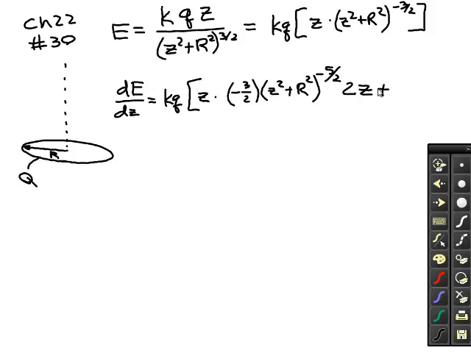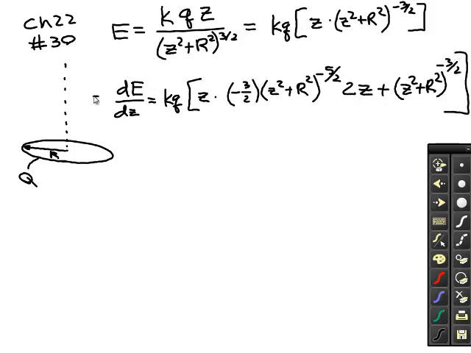There we go. So it is first times the derivative of the second plus the second times the derivative of the first. So the second is Z squared plus R squared to the negative 3/2. And what's the derivative of Z? 1. So that's it.